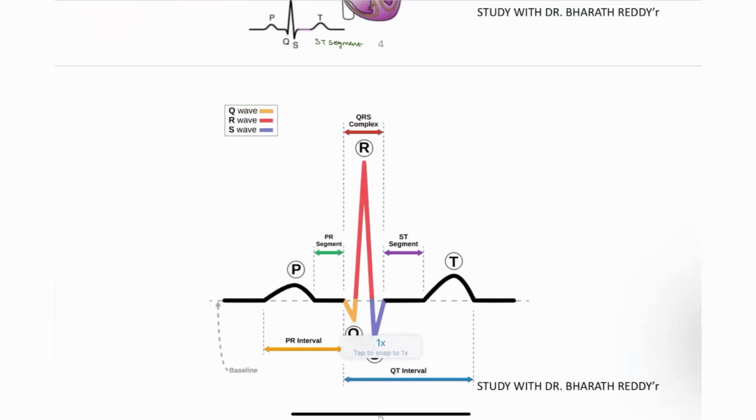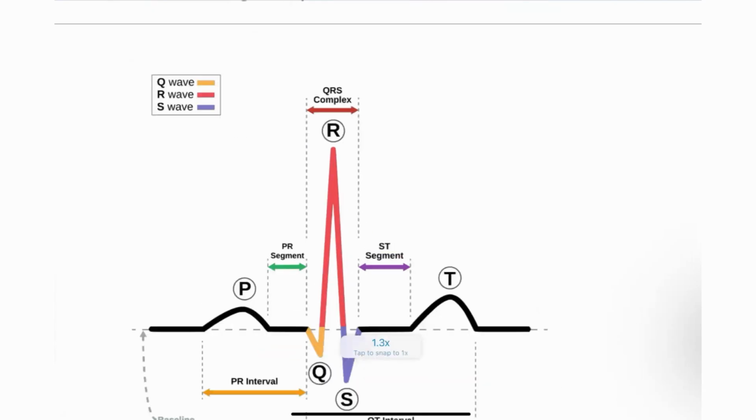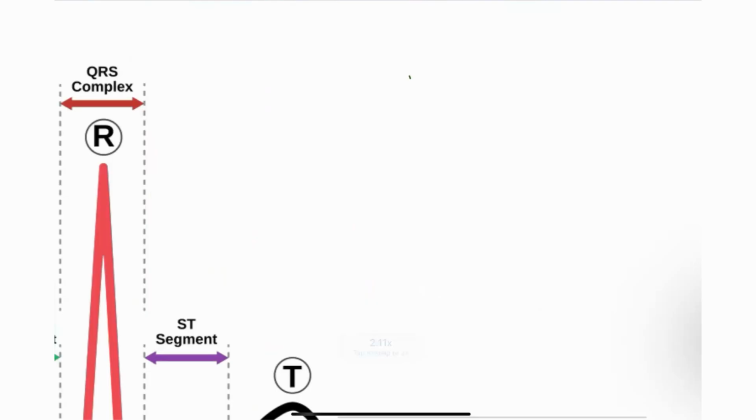Here also we are going to see the same things: the waves, segments, and everything. For example, what are the waves we have? P, Q, R, S, T. The P wave is for the atrial depolarization. The QRS complex is for the ventricular depolarization. The T wave is for the ventricular repolarization.